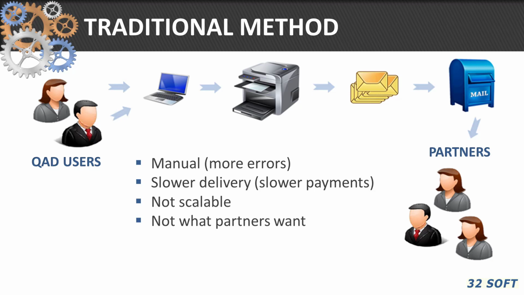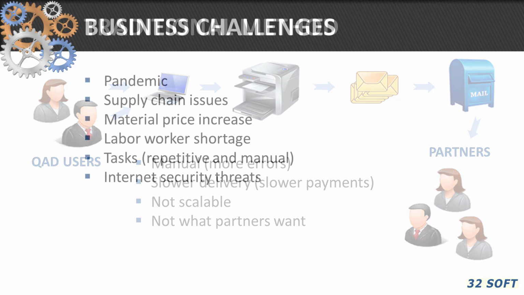If we are talking about invoices, that means slower payments. Also, the process is not scalable, which means the more documents you produce, the more labor hours required to properly print them off and send them out. Some of your partners may already ask for electronic documents, but you cannot satisfy their requirements.